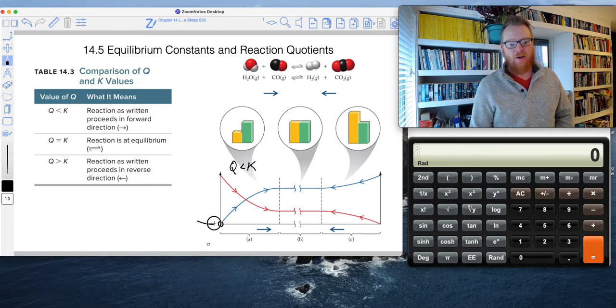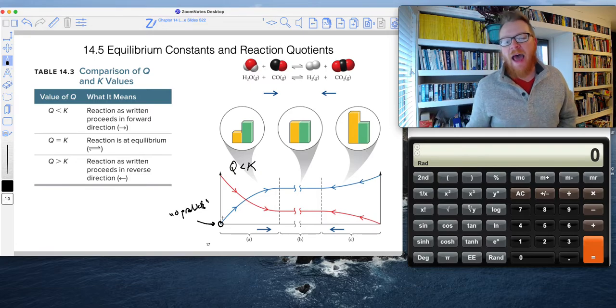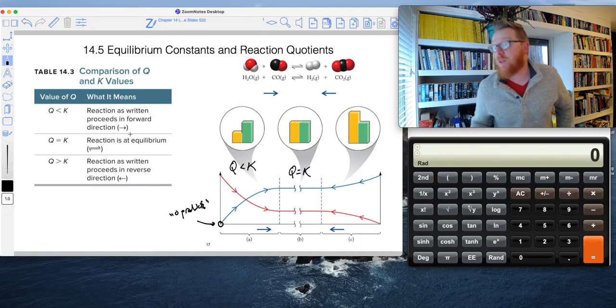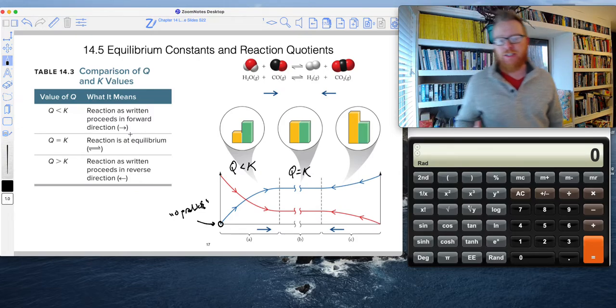Then we know automatically that Q is going to be 0, and the reaction has to shift to the right. So we would see products increasing, plus X, and reactants decreasing, minus X. Then we would hit this regime right here where Q equals K, and we're at equilibrium. So the reaction is done.